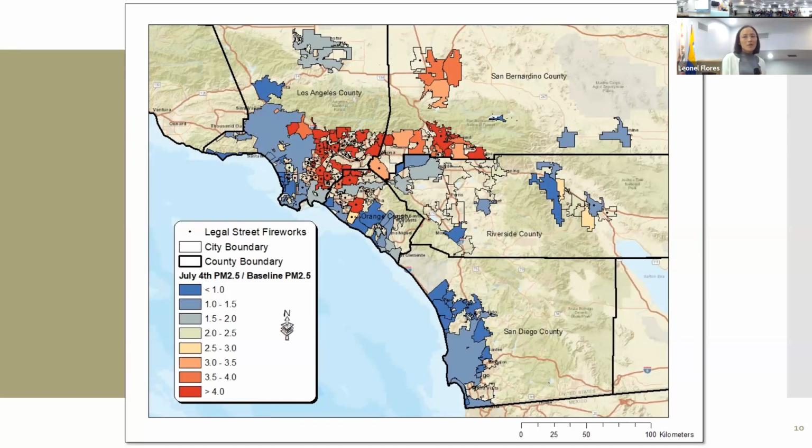Those cities burning fireworks also cause a problem for their downwind locations. As you mentioned, pollution has no boundary, so it affects other areas too. In Riverside, for example, there could be areas with high pollution due to fireworks upwind in LA and Orange County.